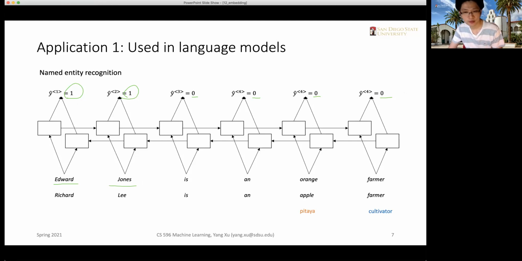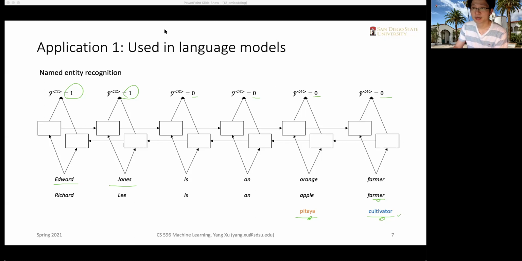So what if we come across some very uncommon words, say at the position of the orange and the apple there is a very rare word, pitaya, which is a type of tropical fruit. And cultivator, which is another, not so often used, way to describe the same farmer's role. So what if we come across these words?